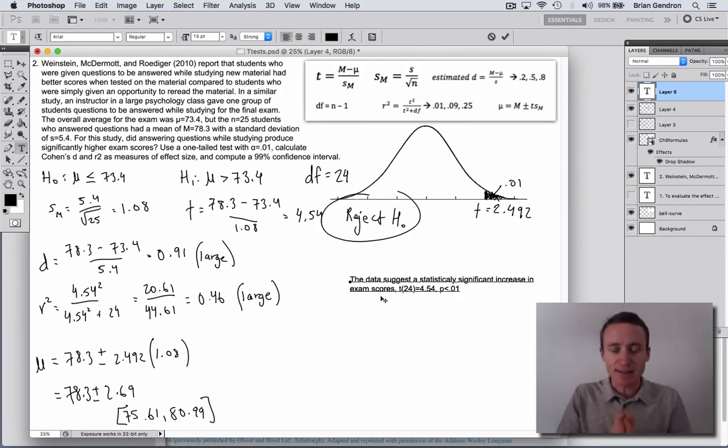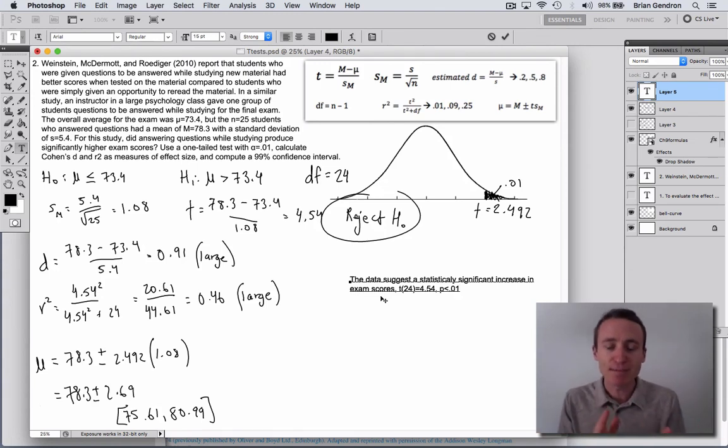Now, as written in the module and the textbook, that little part right there tells you two things. It tells you what alpha level was used, which was 0.01, and in this case, p stands for the probability of making a type 1 error. Briefly, in review, a type 1 error is where you reject H0, but you shouldn't have.